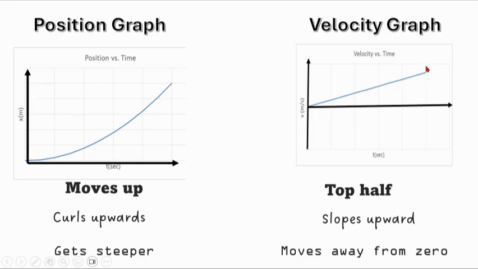We know it's a positive velocity because the position graph is moving upwards. We know this line slopes up because the curl is upwards, and we know the line is moving away from zero because the position graph is getting steeper.